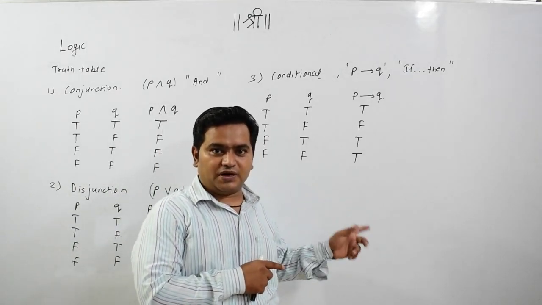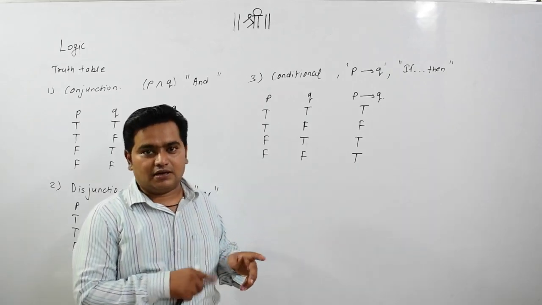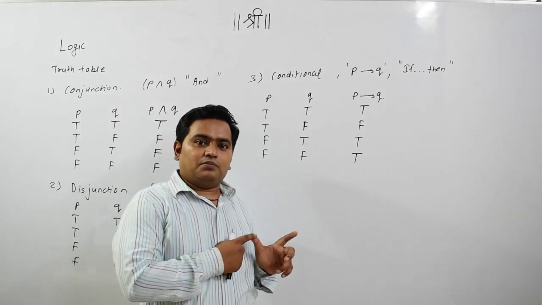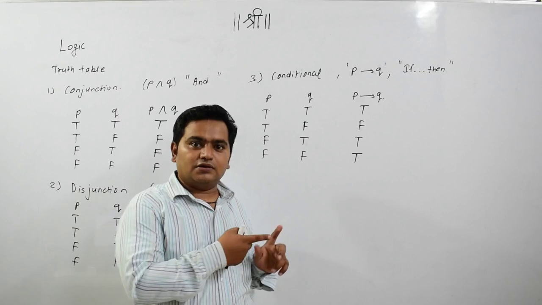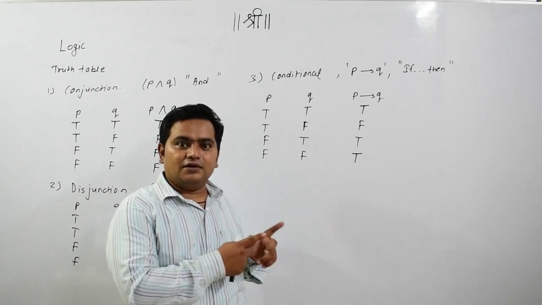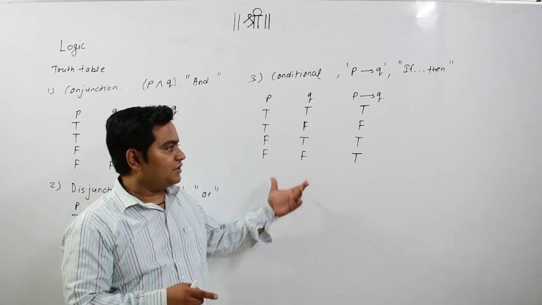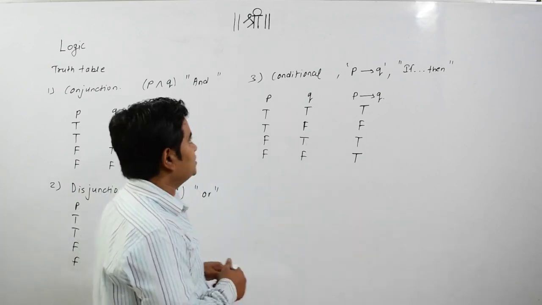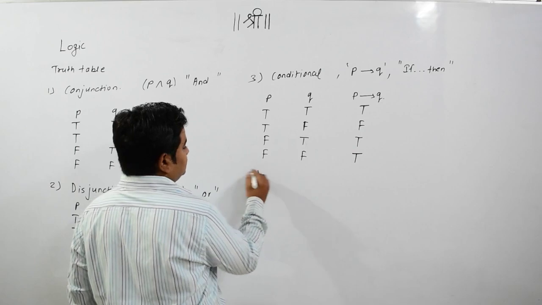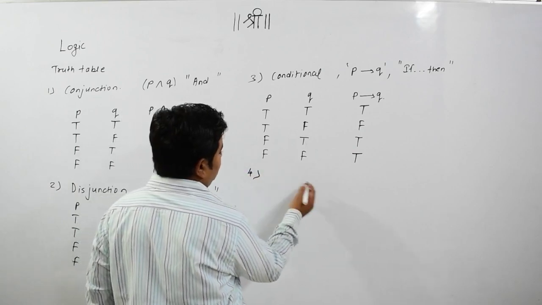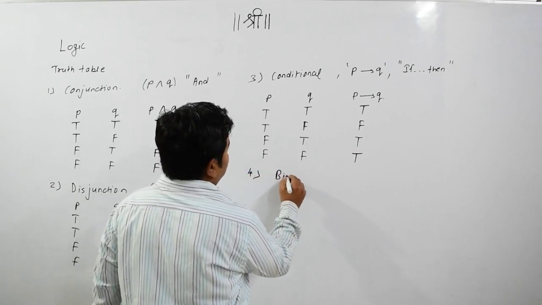So what is Q? पास झाला. What is P? अभ्यास केला. And in Hindi, पढ़ाई की पास हो जाओगे. So what is P? पढ़ाई की. What is Q? पास हो गए. Understood? So apply this statement, definitely you will get the answer. And this statement is very simple. Fourth one. What is that fourth one? Biconditional.